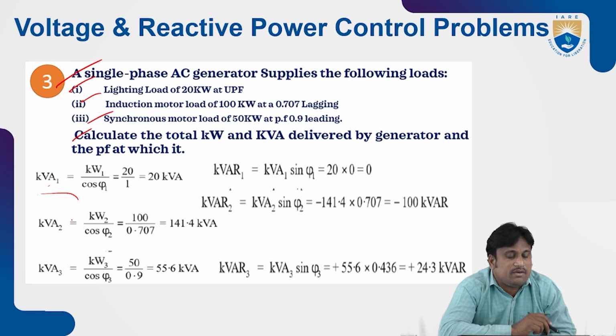So kVA 1 is ready to calculate, that is kilowatt 1 by cos phi 1. Kilowatt 1 is 20, cos phi 1 is 1, so it is 20 kVA.